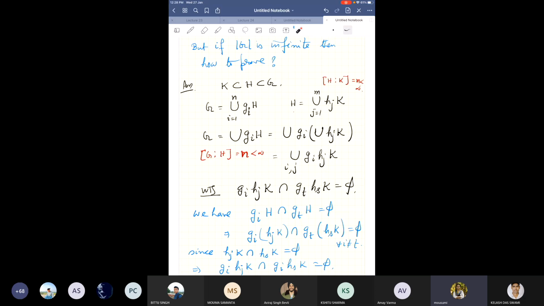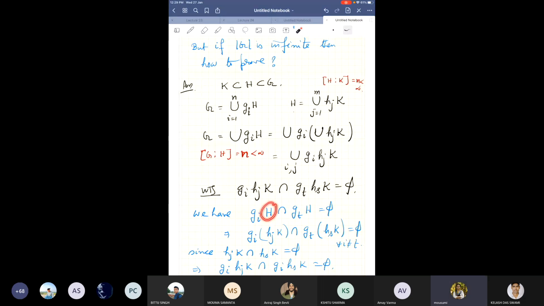So what we have done, we know that these are the disjoint left cosets of H. So if I is not equal to T, then this is empty, I know. Now this H is nothing but the disjoint union of HJK. So if I take one piece, then of course this intersection will also be empty, isn't it?